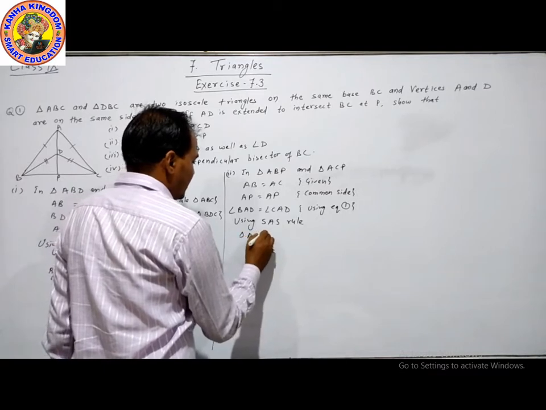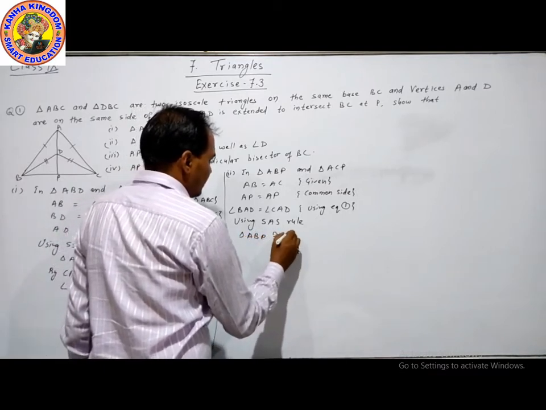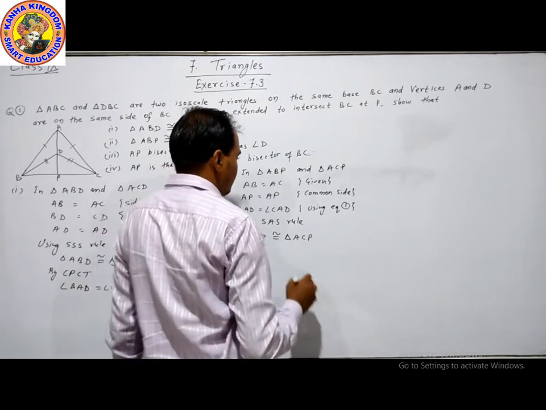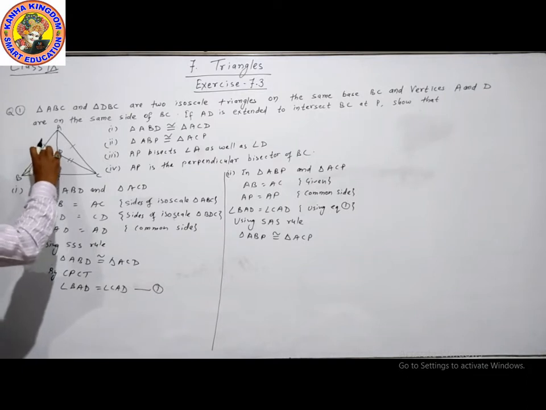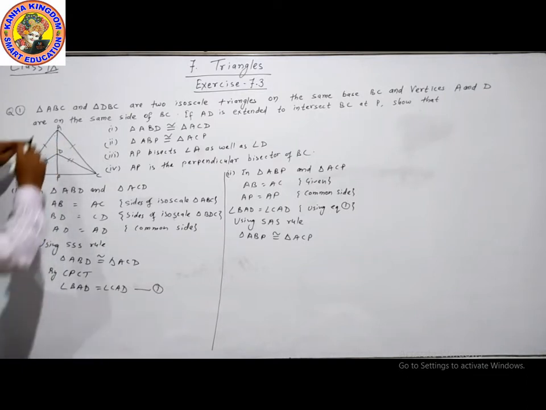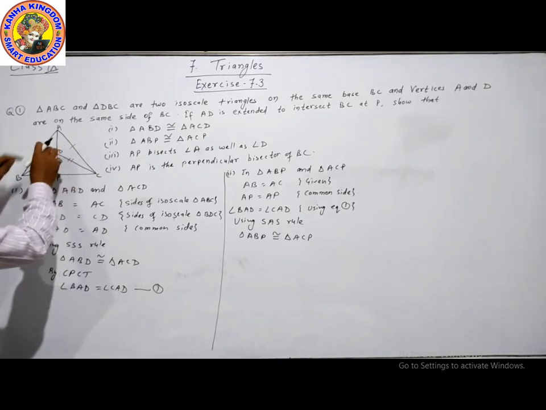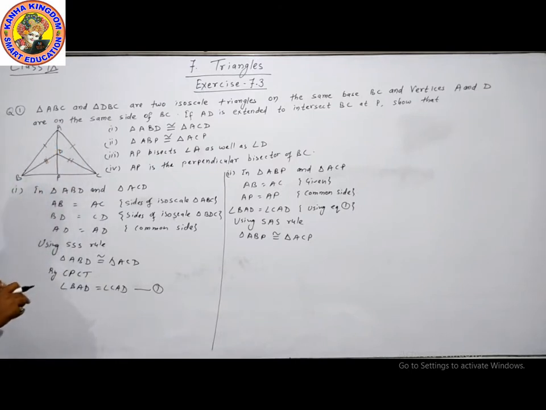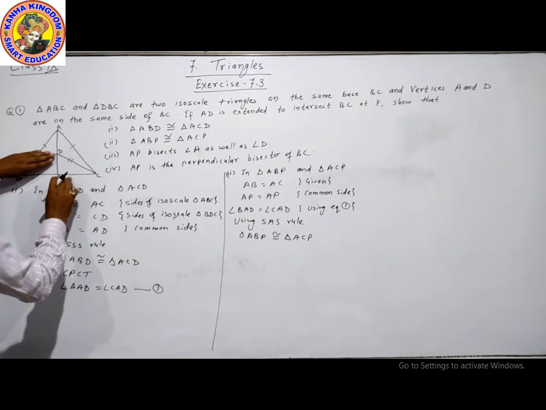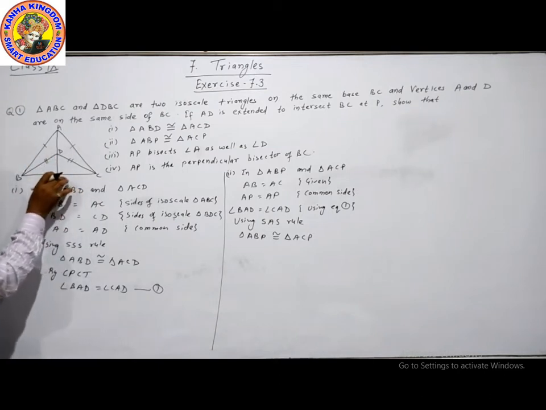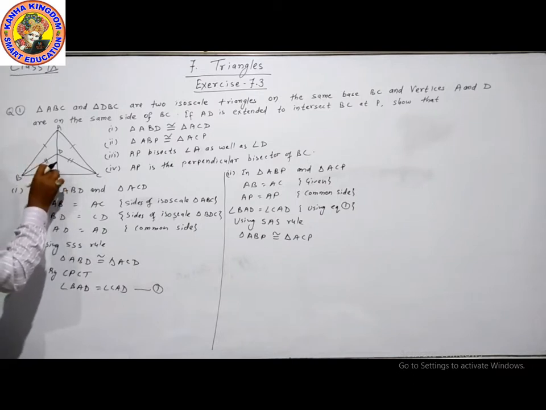Triangle ABP is congruent with triangle ACP. This triangle and this triangle are congruent. By CPCT, we can say that in this triangle BP and in this triangle PC are equal, and angle P and angle P is also equal.